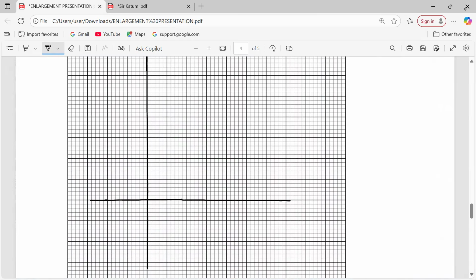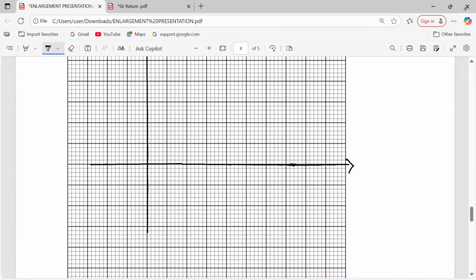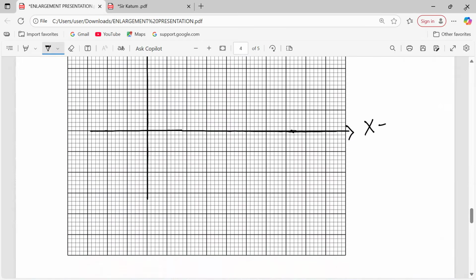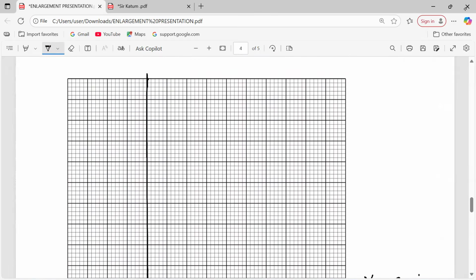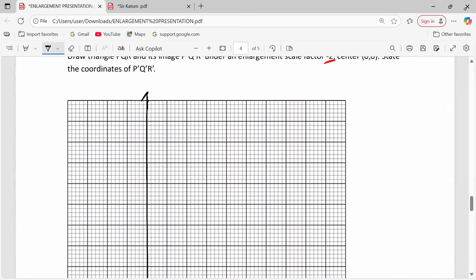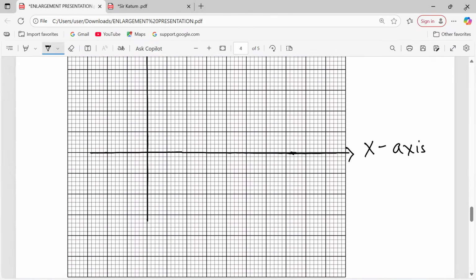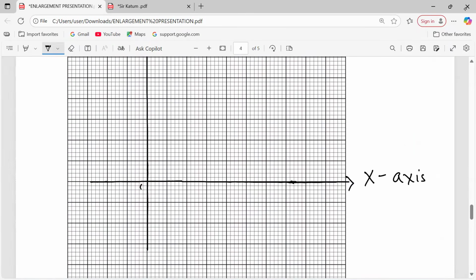We can now choose a suitable scale in this case. The y-axis is always the vertical axis. Allow me to start with 0.